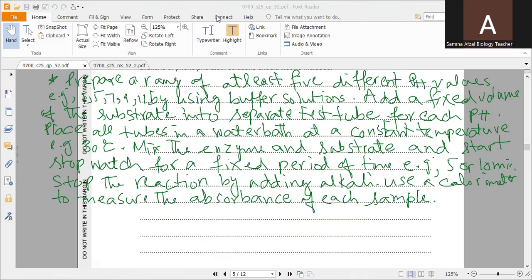Higher absorbance will indicate more phenolphthalein was released.